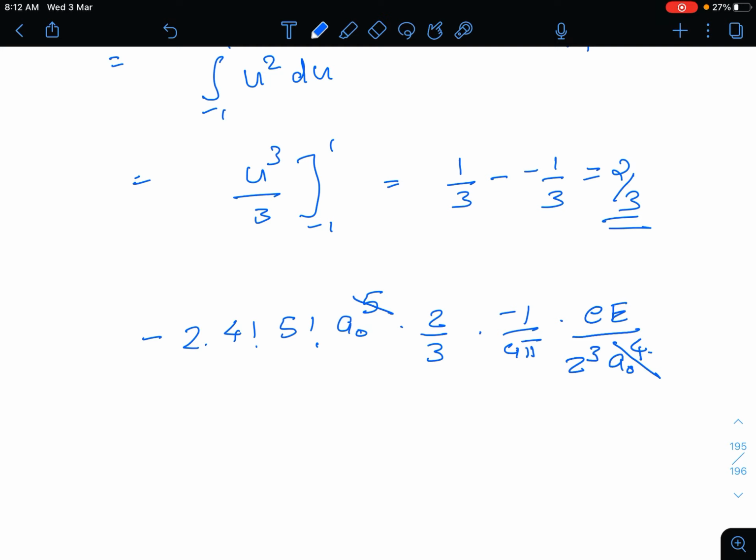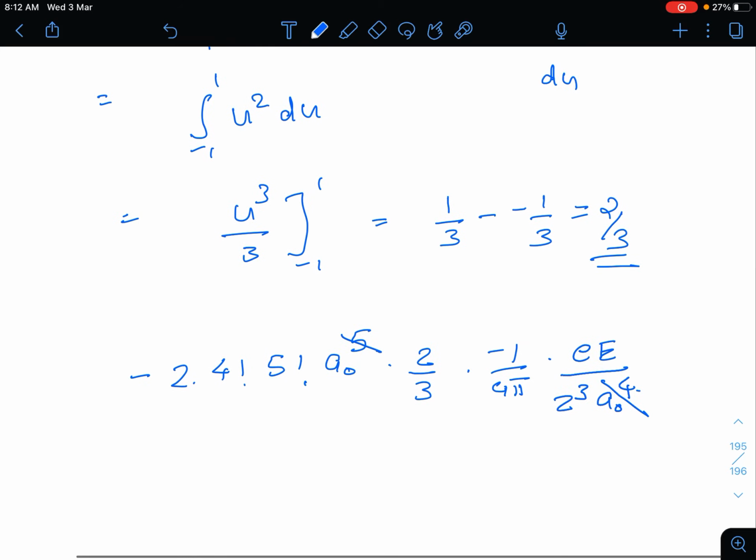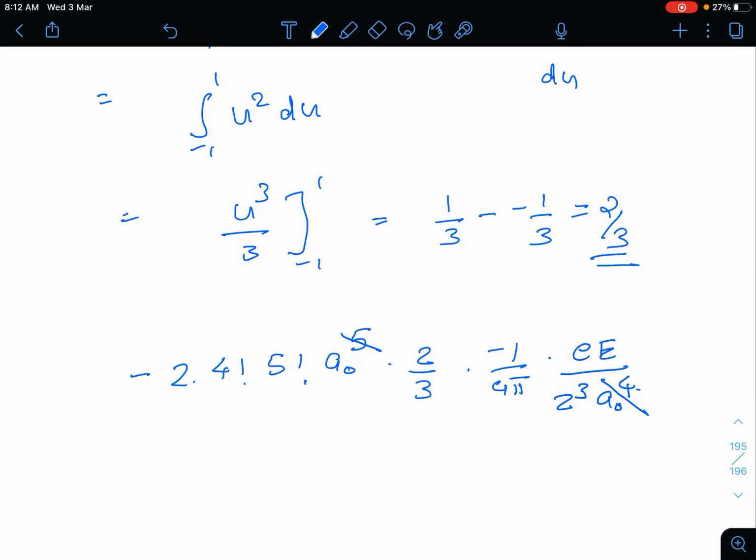So what remains, let me check, is 2 cube, that is 8.